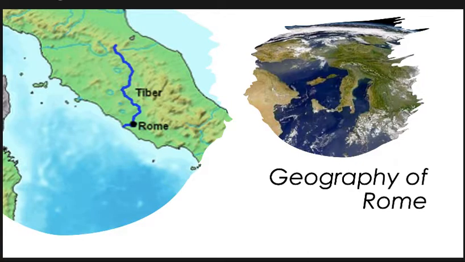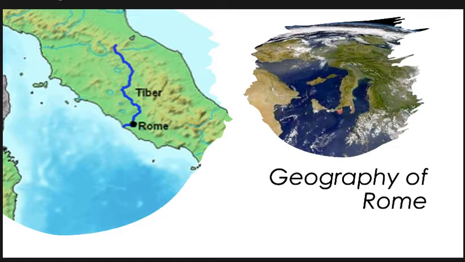Now, Rome itself is just a city, okay? It's located in what present-day country? It's shaped like a boot. Italy, okay? As you can see here on these two maps I have, this is a geographical view from space of the country of Italy.